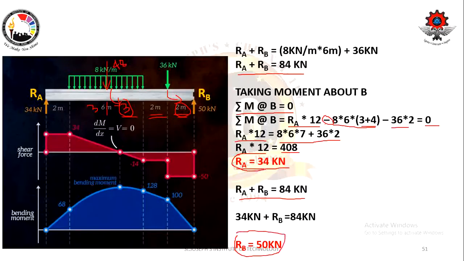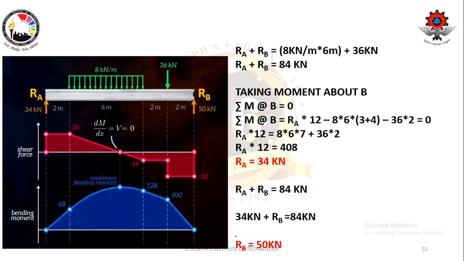So RA is equal to 34 kilonewton and RB is equal to 50 kilonewton. Right? So that is what given here. RA is 34 kilonewton and RB is 50 kilonewton. I hope you understood how we are finding the support reactions RA and RB.